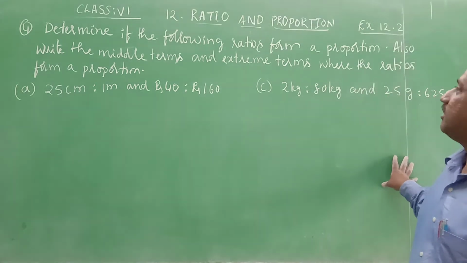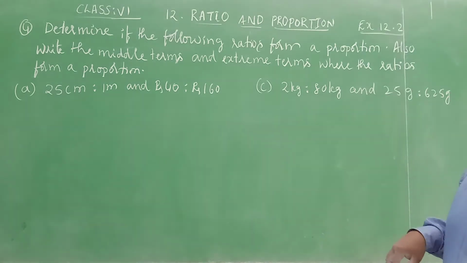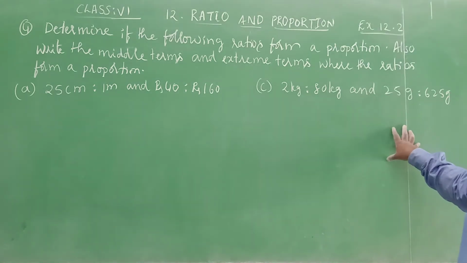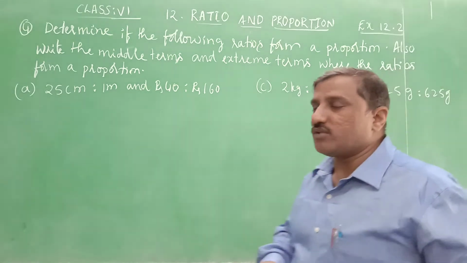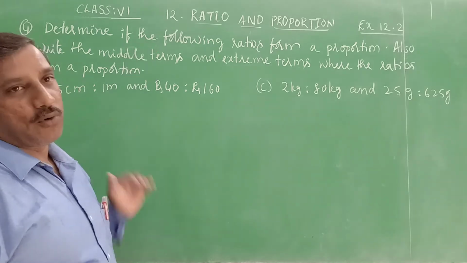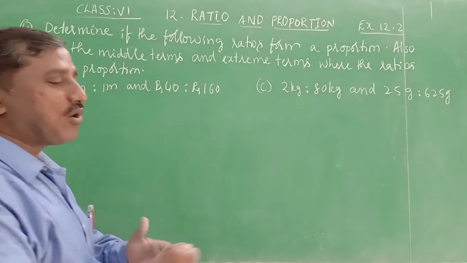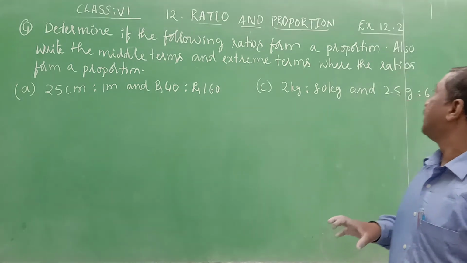Now, fourth bit from exercise number 12.2. Determine if the following ratios form a proportion. So again, it is related to the first bit. It means we have to check whether the ratios are the same or not.